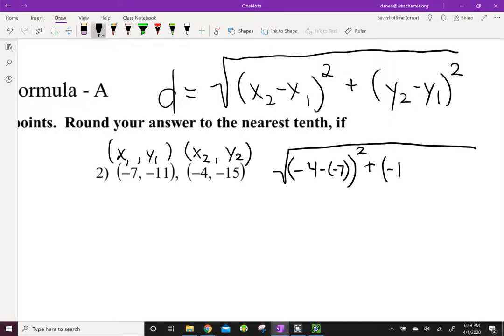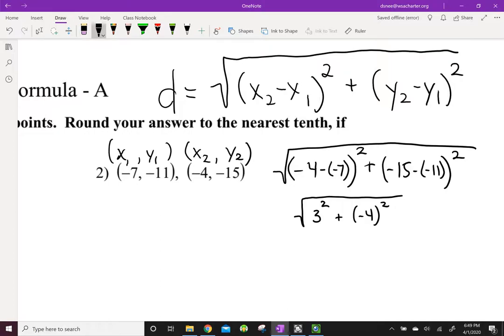Minus negative 11, negative 15 minus negative 11, which is actually a plus, right? So I have negative 4 plus 7, which is 3 squared. And I have negative 15 plus 11, so that's plus negative 4 squared.